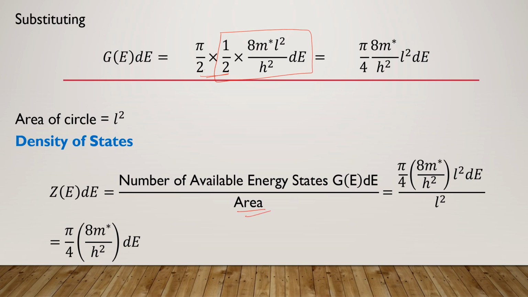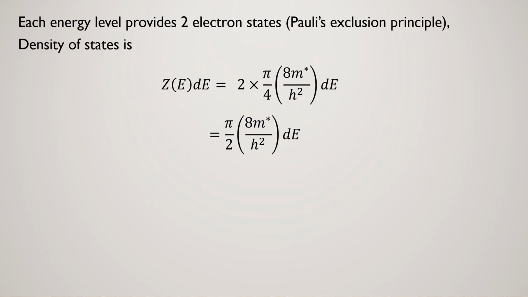Therefore, the area is taken as unity, so L square gets cancelled off. We get pi by 4 into 8m by h square into dE. According to Pauli's principle, each energy level provides 2 electron states. Therefore, multiplying the equation by 2, we get pi by 2 into 8m by h square into dE.